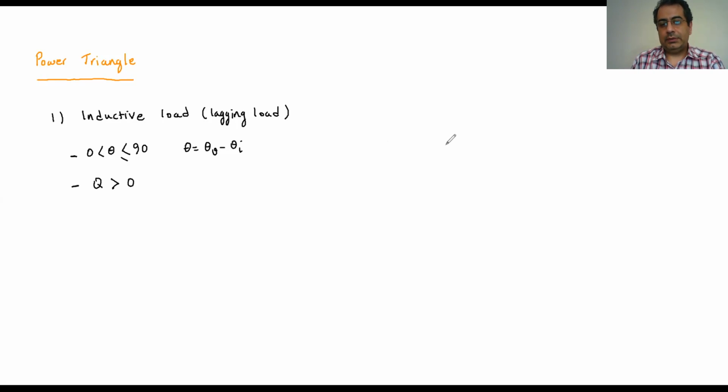So we are going to use the horizontal axis to show the average power. Assume this is the P average, the magnitude of the P average. And then, for example, assume this is the Q. I draw the Q on the vertical axis. And we know that in this case, the Q is going to be positive for the inductive load.